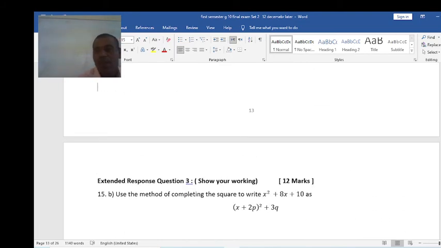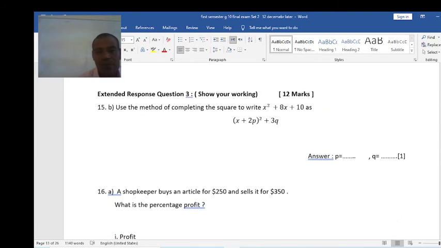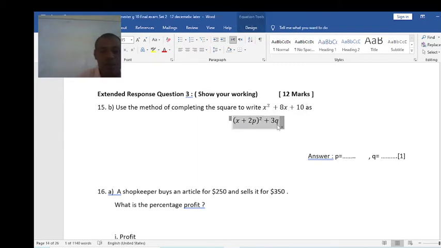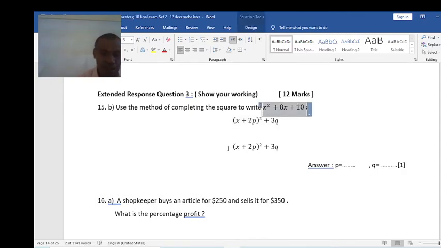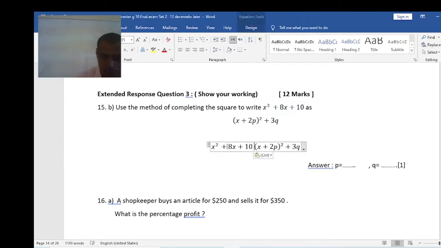Okay. The second question we have is x squared plus 8x plus 10. I will write it here so that I can solve. Equal: now x plus 8 divided by 2 is 4.